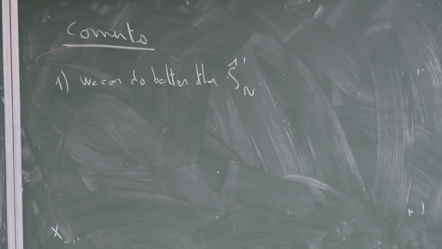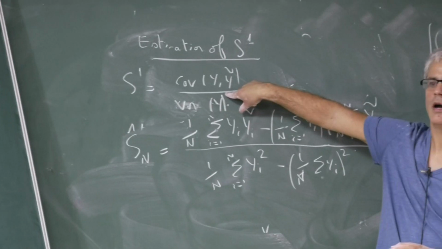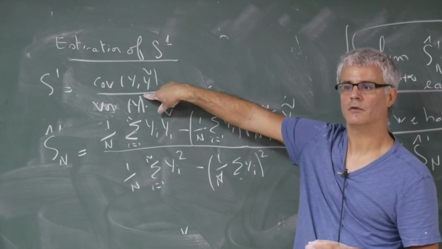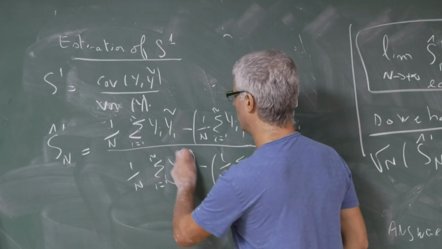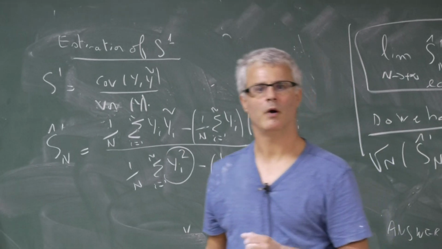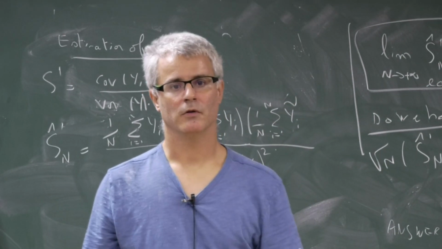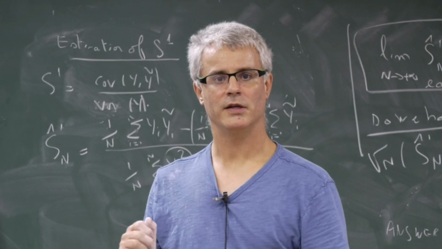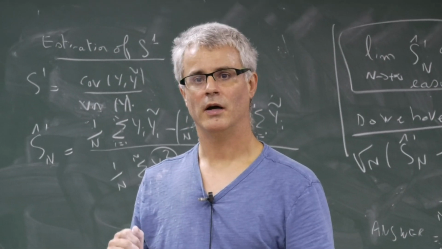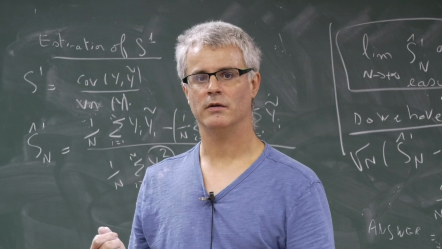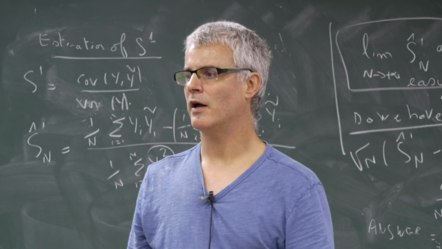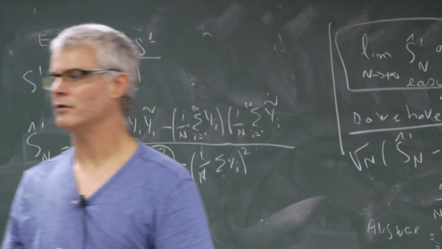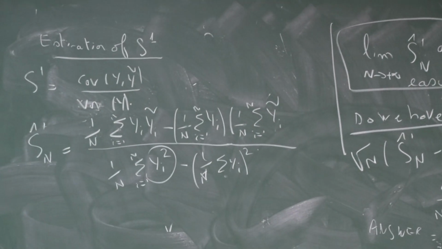For example, to estimate the variance here, I only use the y_i, the sample. But since y tilde has the same distribution, I can also use y tilde to estimate the variance. In that case, I will have a sample of size 2n and not n, so it will be a little bit better.